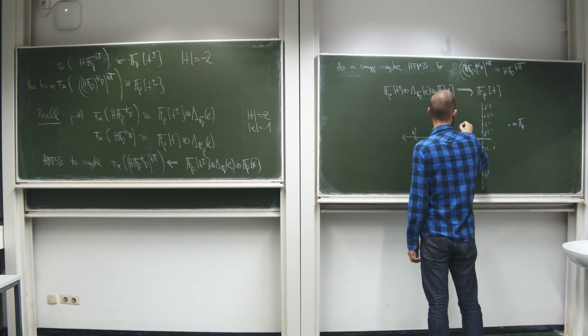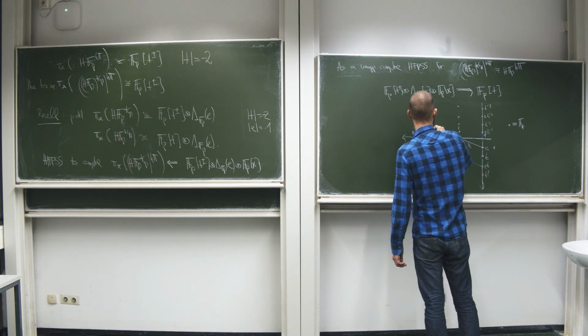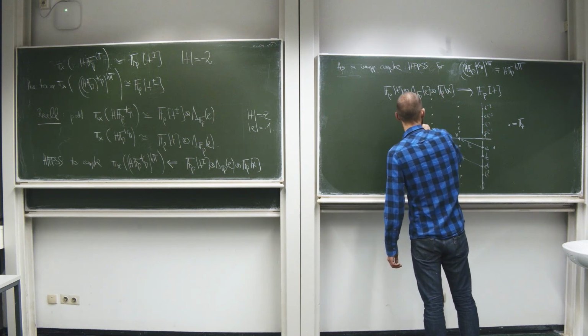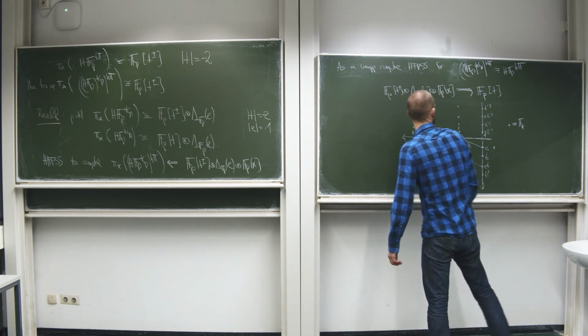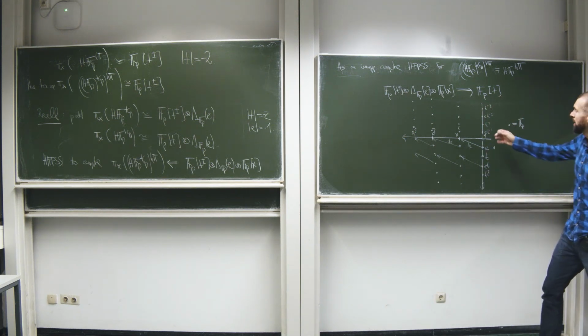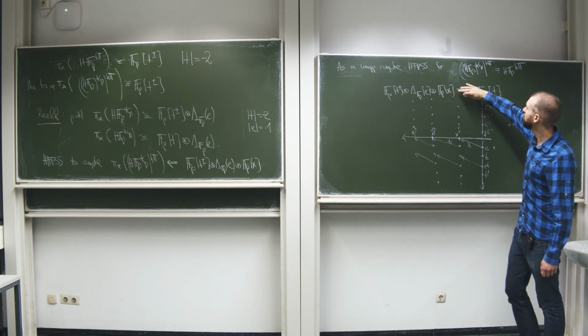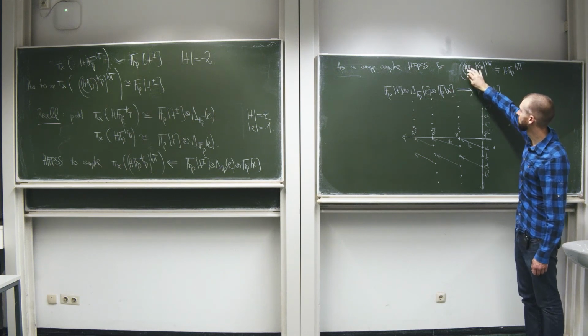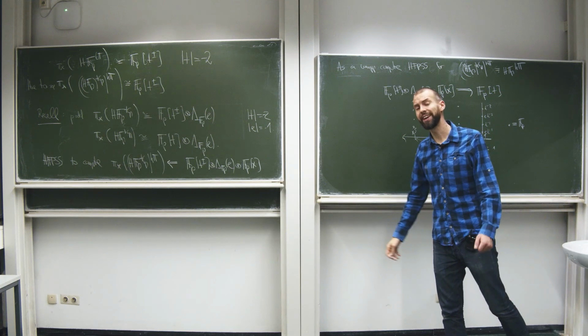And then I get the same tower here. The point is that I have a map of spectral sequences from the homotopy fixed point spectral sequence for this guy to the homotopy fixed point spectral sequence for the Tate guy.